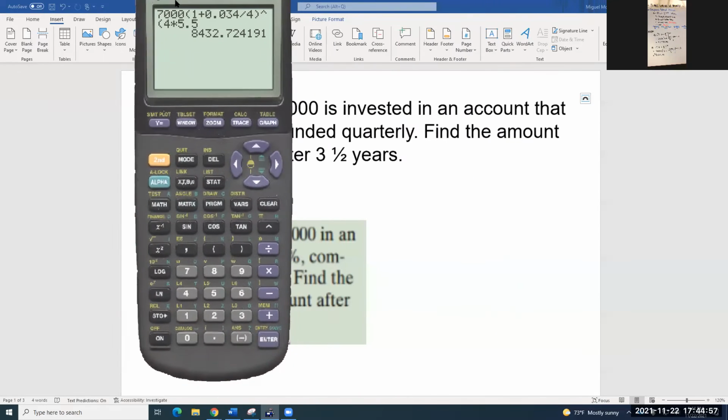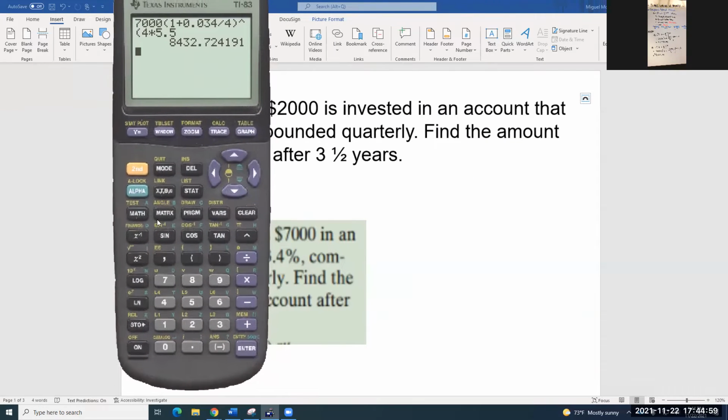Now, the first example is as follows. Let me type it in. That will be 2,000, parentheses, 1 plus 0.07 divided by 4, then raised to, we can type parentheses 4 times 3.5, but we simply know that 4 times 3.5 is 14.